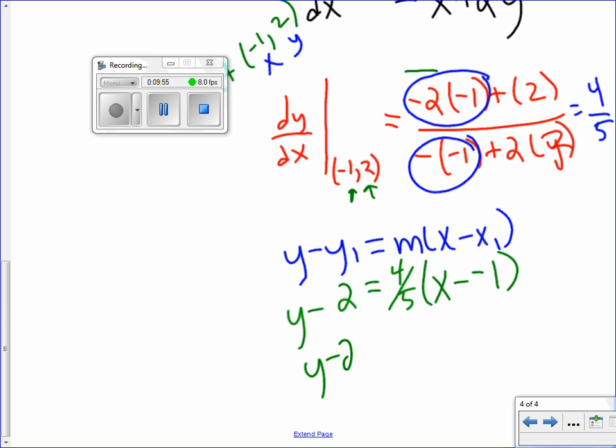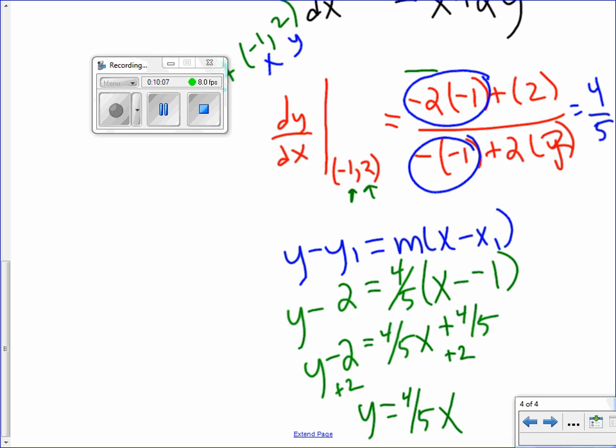And then I'm going to simplify here, and that is the equation of the tangent line.